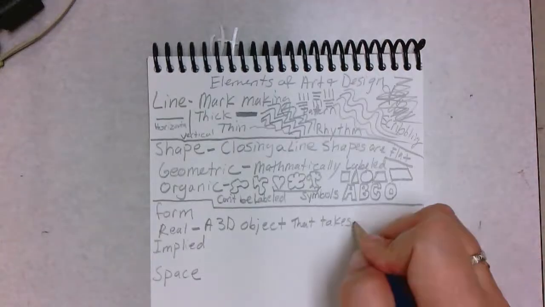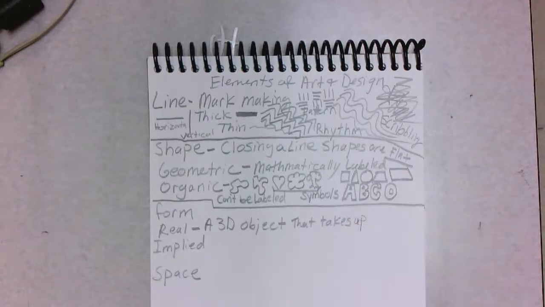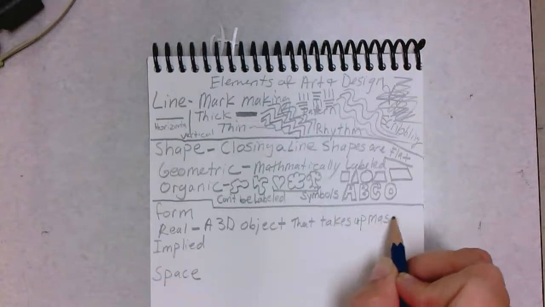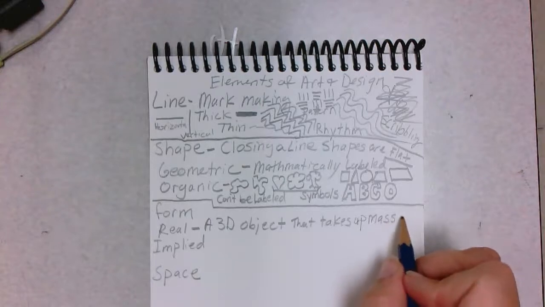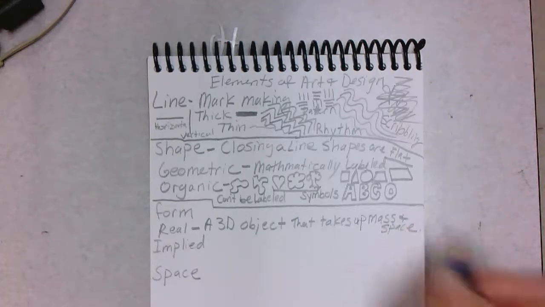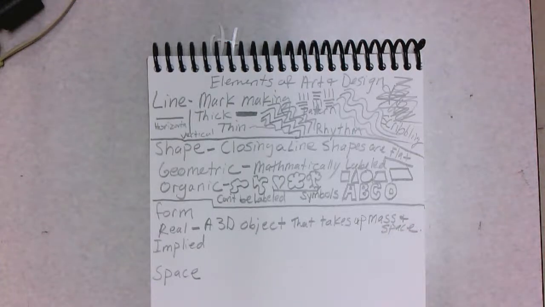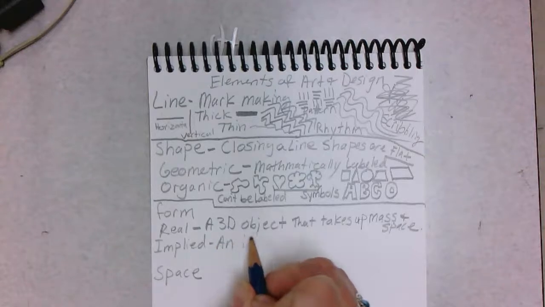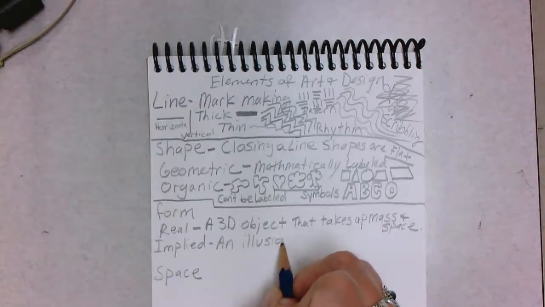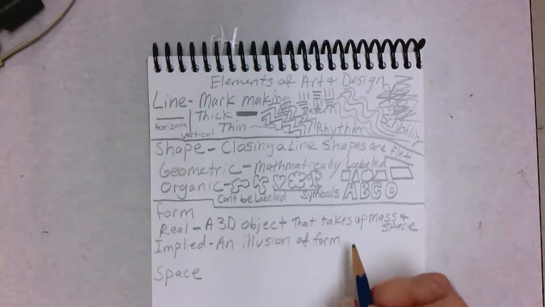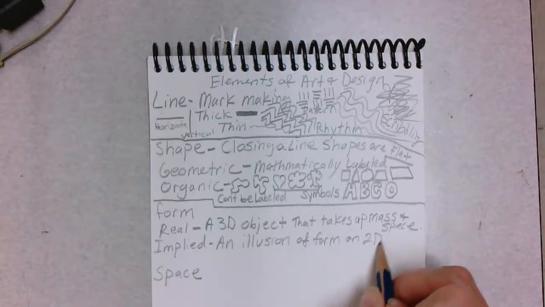Takes up what? Good. Space is right. I heard it. Mass, or space and mass, or mass and space. I'll just squeeze that below. Sorry. And then implied form is an illusion on a 2D surface.